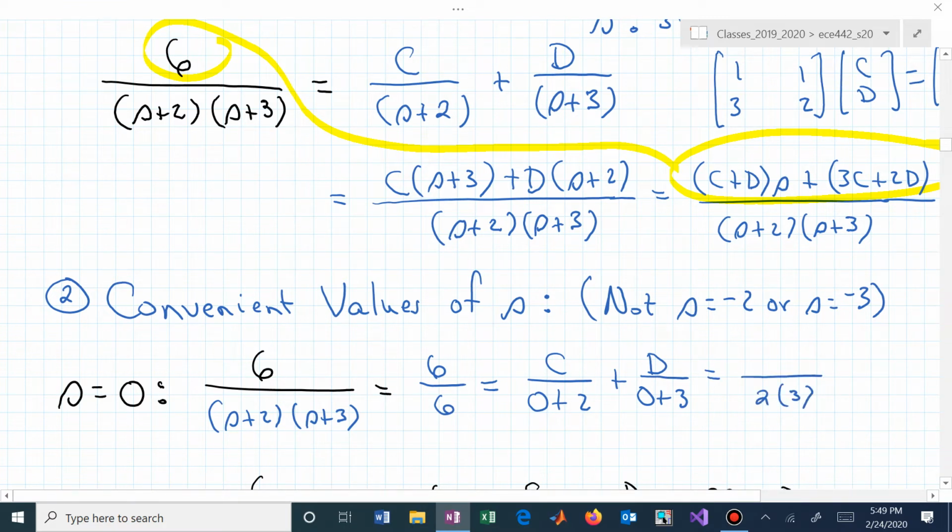I can put those over a common denominator, and now I have one equation relating C and D.